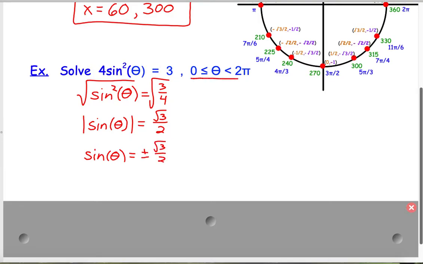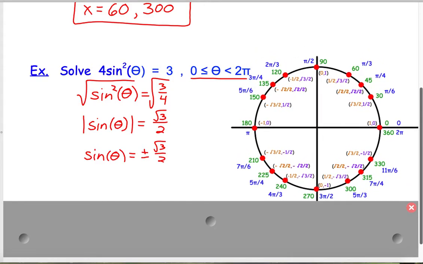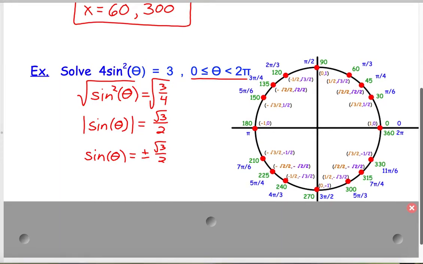Now the stipulation here was that theta is between 0 and 2 pi. So we're going to give our answer in radians. And once again, you can go back to the unit circle and think, where is the sine equal to root 3 over 2? Lost my arrow. We'll make another one here. So sine is equal to root 3 over 2 up here, pi over 3, or 60 degrees. That's the y-coordinate.